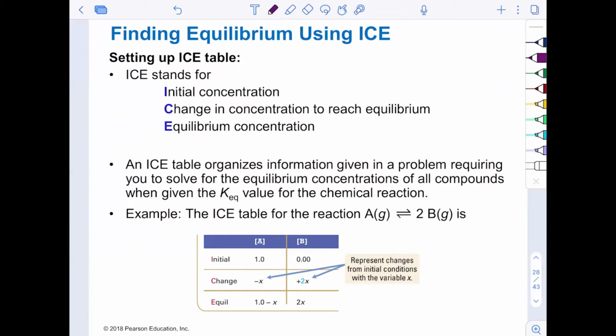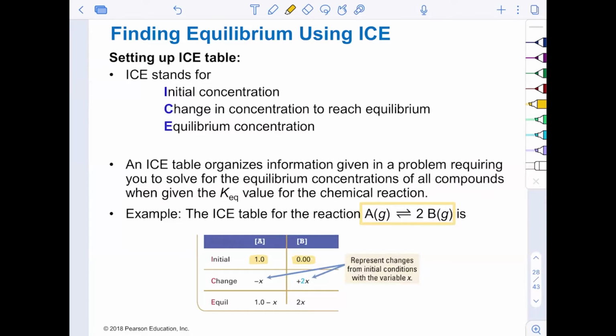So for this reaction right here, A goes to 2B. What we can set up is, if we have the initial concentration of A and the initial concentration of B, we can compare Q to the K given and see which way the reaction would go.